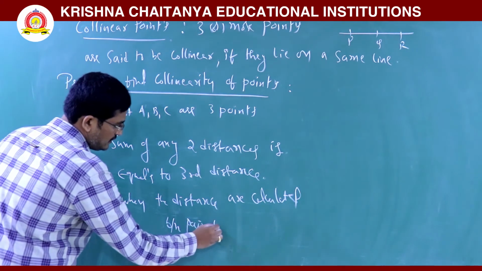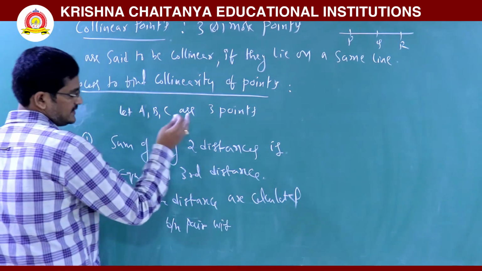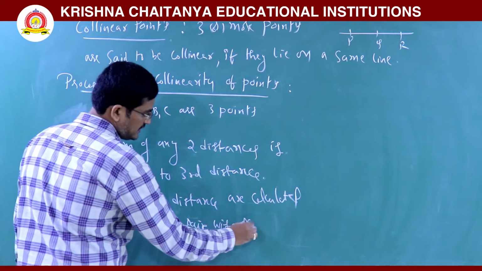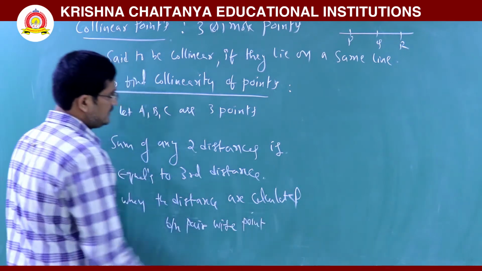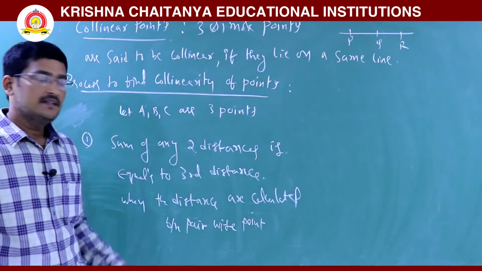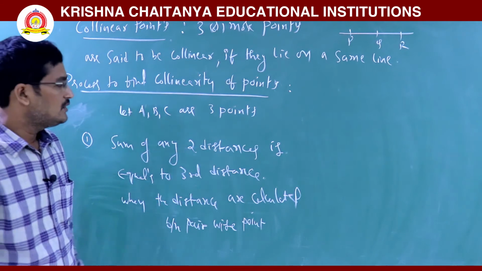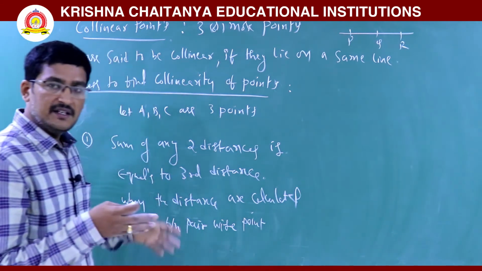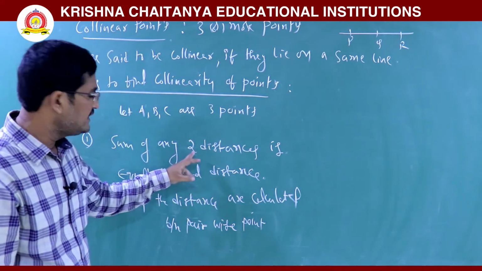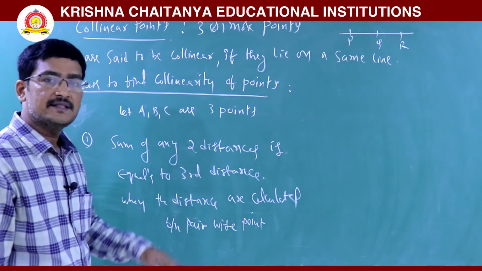What are the distances formed by the 3 points A, B, C taking pairwise? One is AB, another is BC, another is AC. In those 3 distances, if you add any 2, suppose AB plus BC, and that is equal to the third distance.